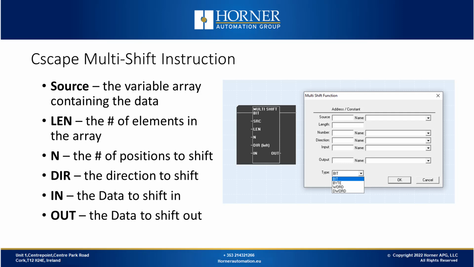The n parameter is the number of positions to shift when we execute the instruction. The direction field determines which direction you shift. When you shift left, you're shifting from lower significance to higher significance, and when you shift right, you're doing the opposite. The in parameter contains the data that you're shifting into your shift register, and the out parameter is the data that you're shifting out of your register.